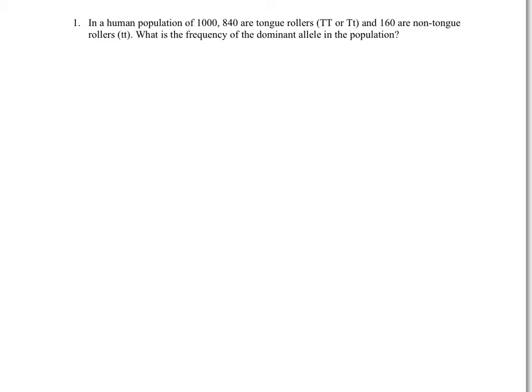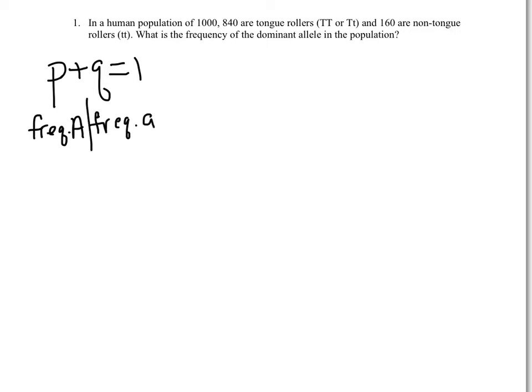So the first thing to look at is what these numbers represent. Remember our equations: P plus Q equals 1, and really what that means is that P is the frequency of the big A allele, and Q is the frequency of the little a allele.